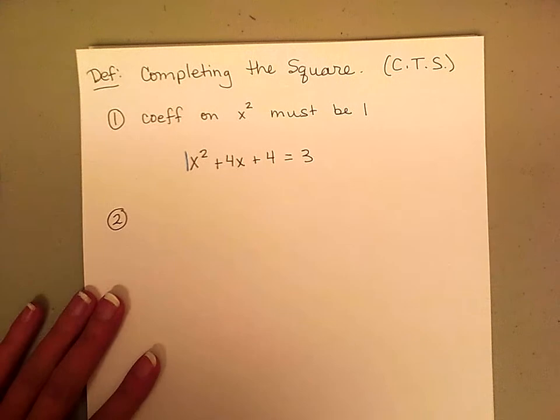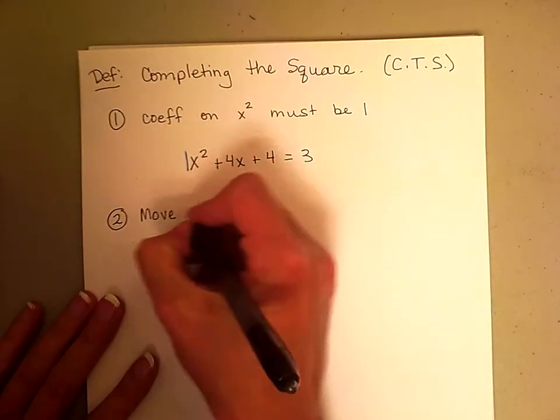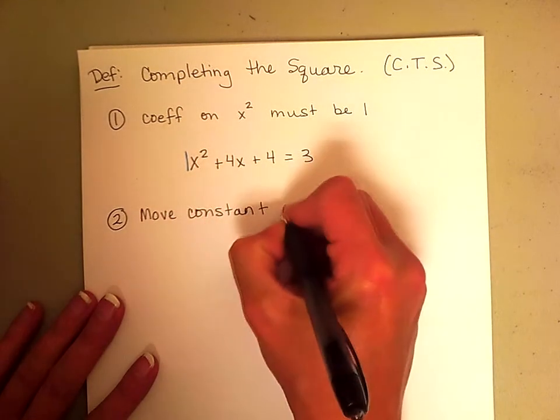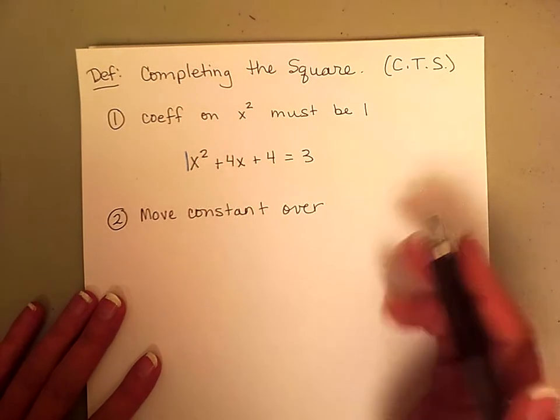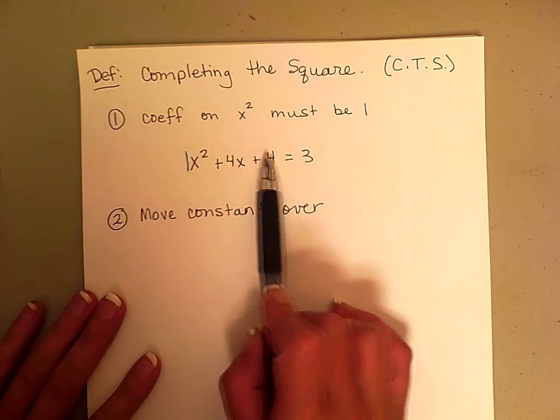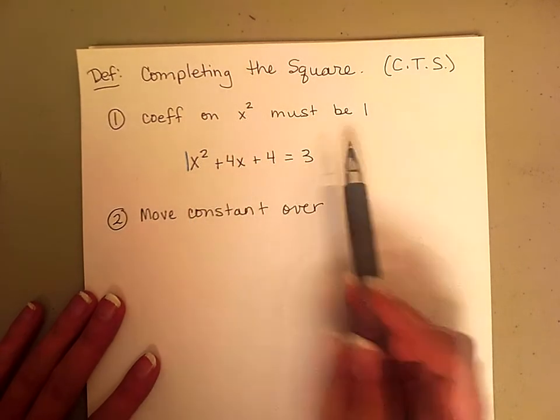When I'm completing the square, the second thing I do is move the constant over. So in this case, 4 is a constant. I'm just going to work with these two terms to complete the square. So I'd like to move it over.